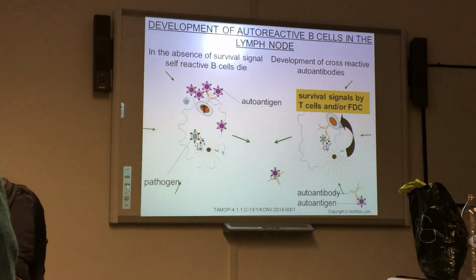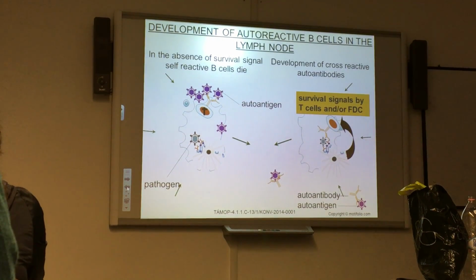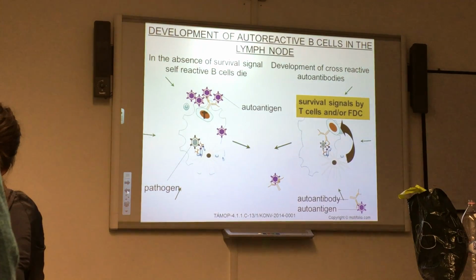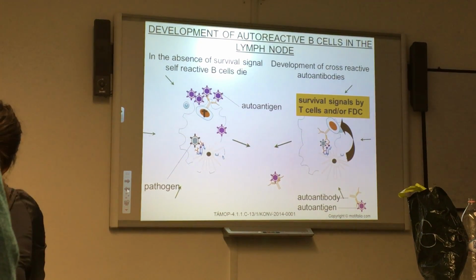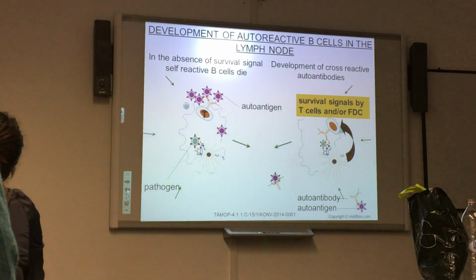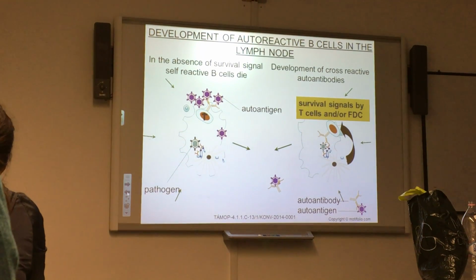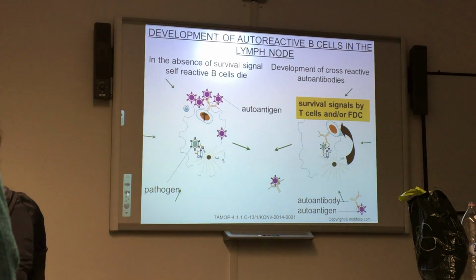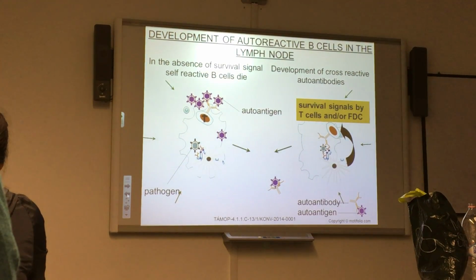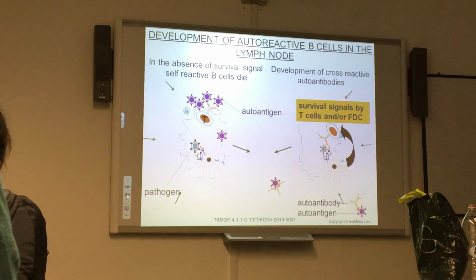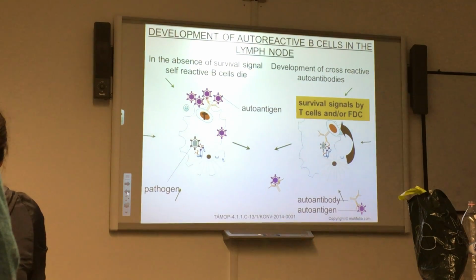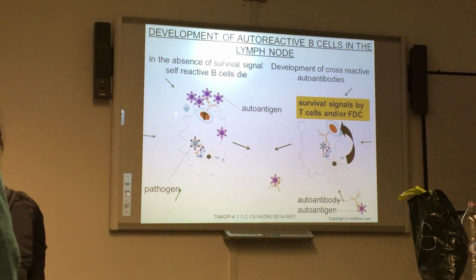And when a BCR is specific to self-antigen, it will react with the autoantigen, but normally in the lymph node, the specific antigen does not exist. So the costimulatory signal through the T cells won't be developed, and therefore these B cells will die.